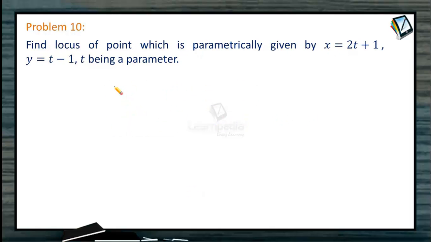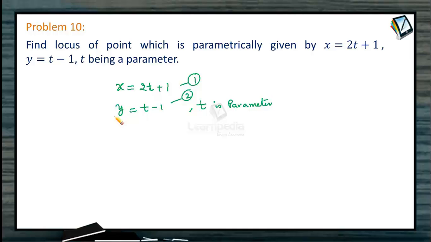Example. Suppose x and y are parametrically expressed as x is equal to 2t plus 1 and y is equal to t minus 1. Now t here is the parameter. To get the Cartesian equation of the locus of this moving point, we eliminate t from these two. This is the first relation, this is the second relation. The elimination process is very simple.